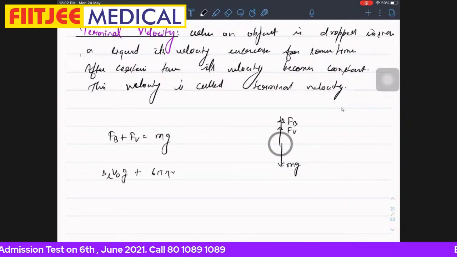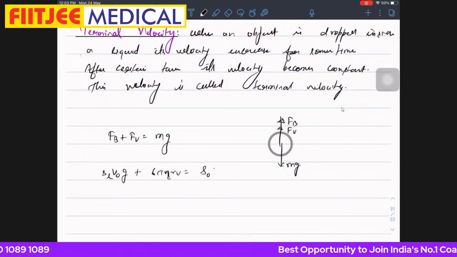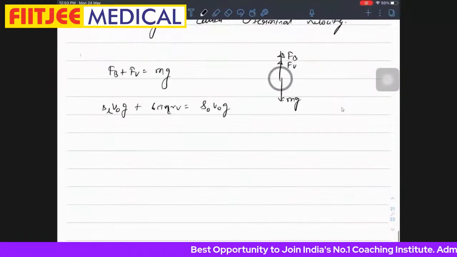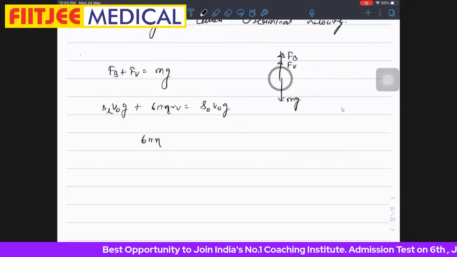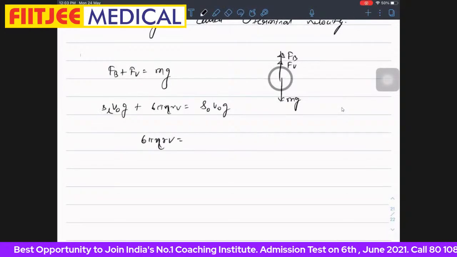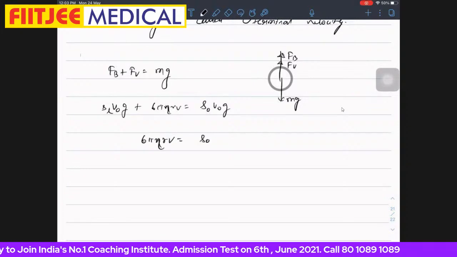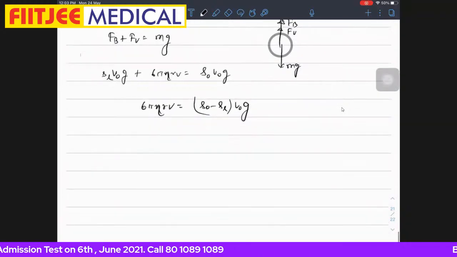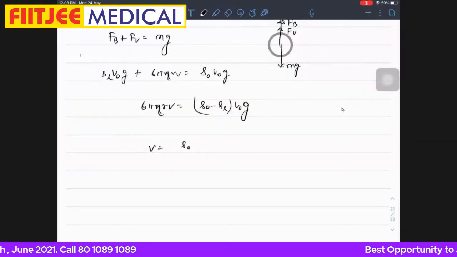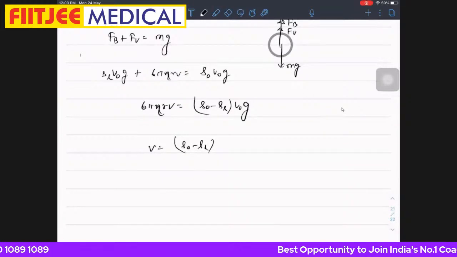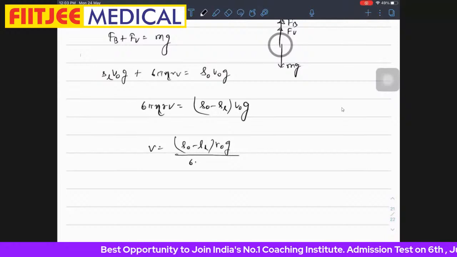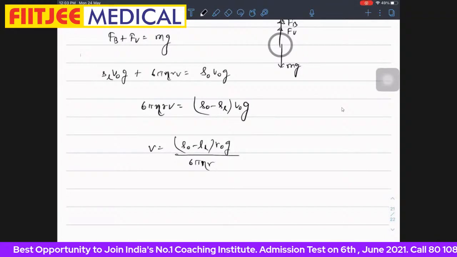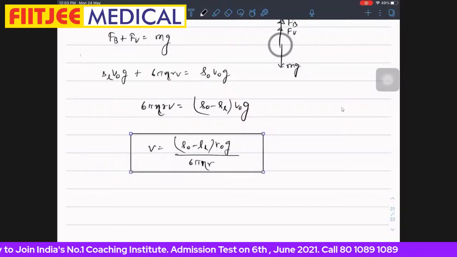Viscous force will be 6 pi neta r into v. mg will be density of object, V naught, into g. So 6 pi neta rv equals rho naught minus rho l into V naught into g. So v is rho naught minus rho l into V naught into g by 6 pi neta r. This v here is the terminal velocity.